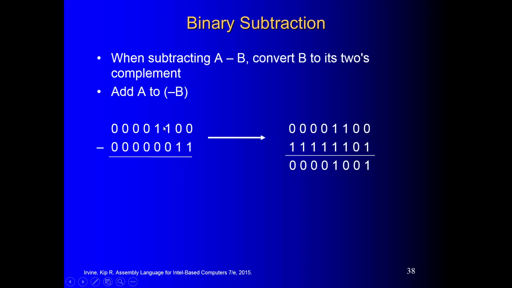So you have A minus B, we're going to change it to A plus negative B. So 12 minus 3, we are going to say 12 plus negative 3. So this is negative 3 in 2's complement format. 12 minus 3, your answer should be 9. So let's take a look. We're going to say 12 plus negative 3, and let's add.